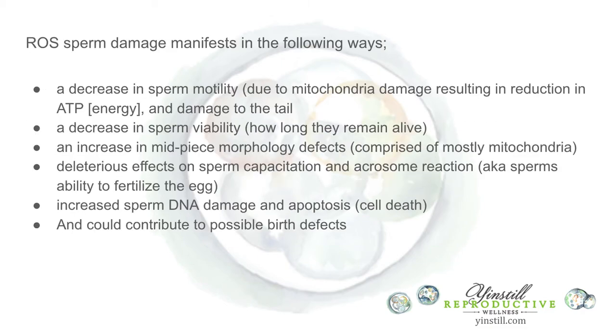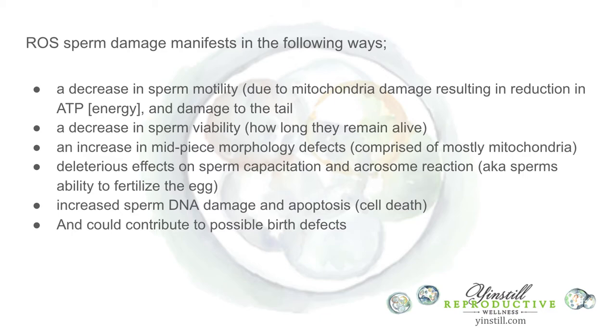This ROS sperm damage manifests in the following ways: a decrease in sperm motility due to mitochondrial damage, resulting in reduction of ATP or cellular energy, and damage to the actual tail of the sperm. A decrease in sperm viability, like how long they can remain alive.